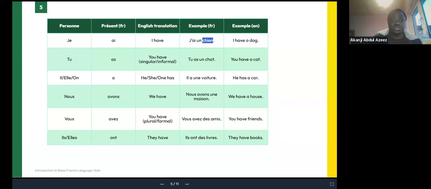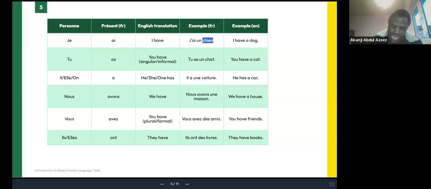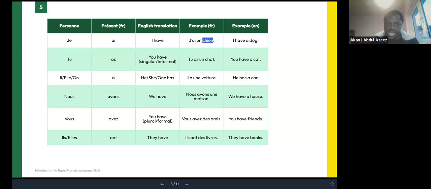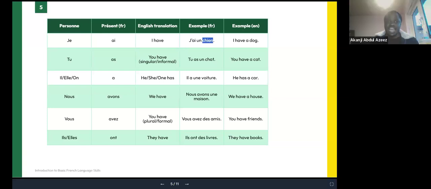That is a notebook, in this context, not a textbook. A notebook is a cahier, spelled C-A-H-I-E-R. So, j'ai un cahier. I have a notebook.